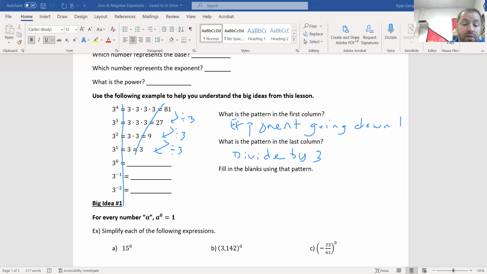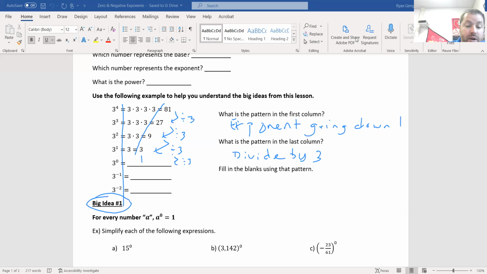So 3 to the 0, a lot of people think it's 0, but let's keep the pattern going of dividing by 3. What is 3 divided by 3? 3 divided by 3 is 1. All right, which takes me to big idea number 1.